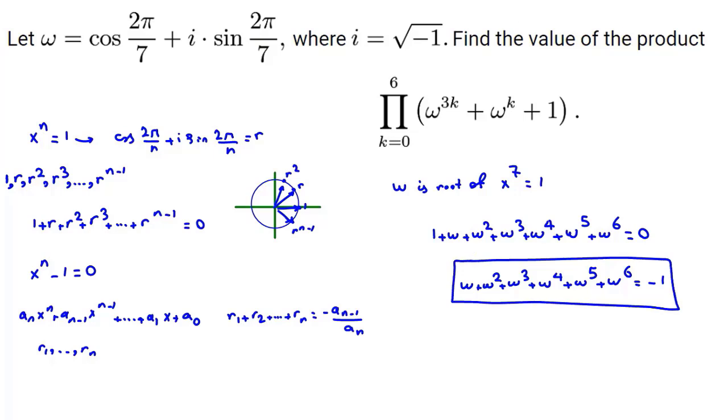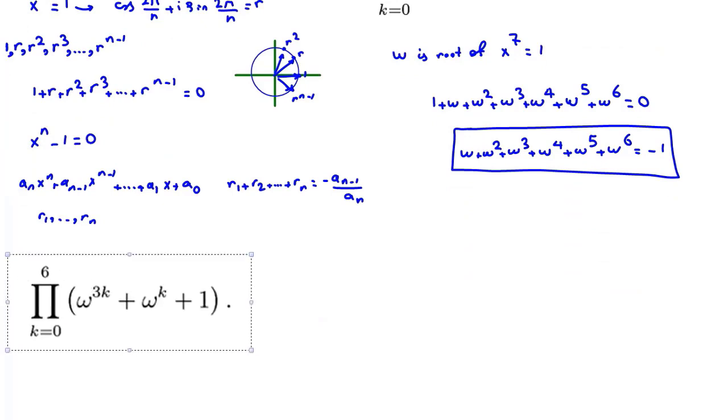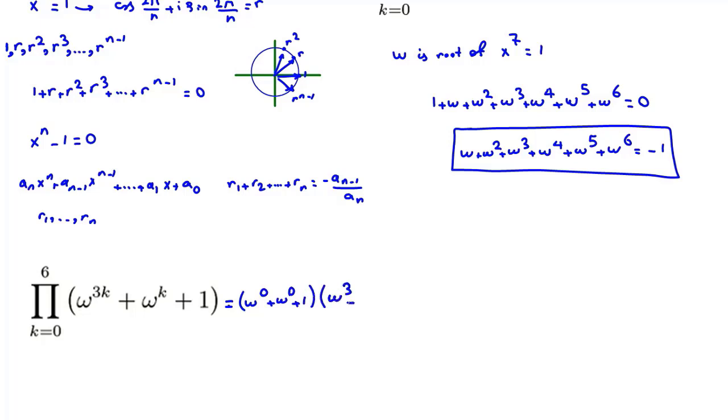Now, let's calculate the problem. Let's replace k with 0. It will be w0 plus w0 plus 1, which is 1 plus 1 plus 1. For k equal to 3, w9 plus w3 plus 1.